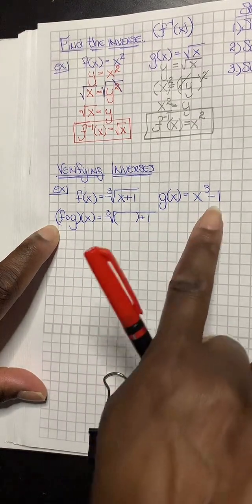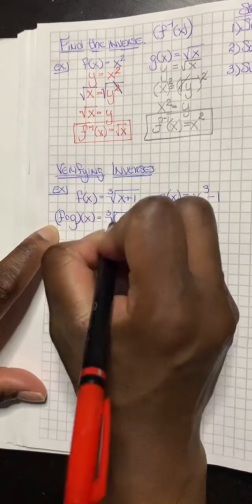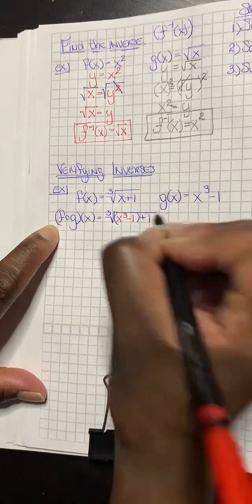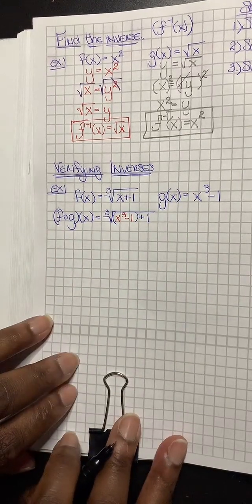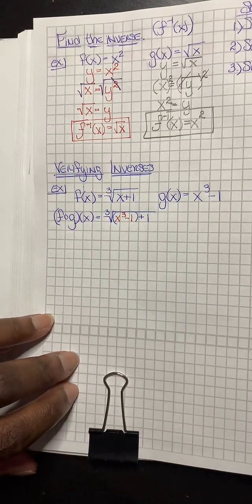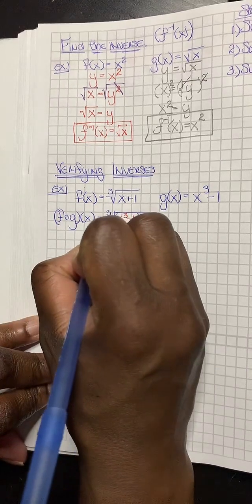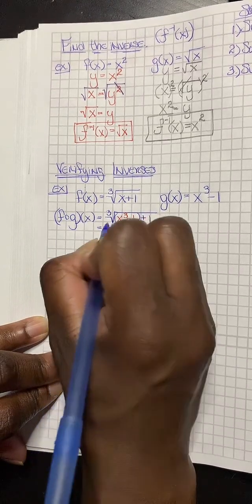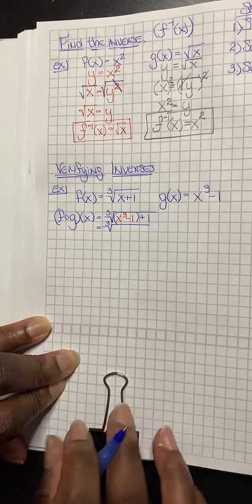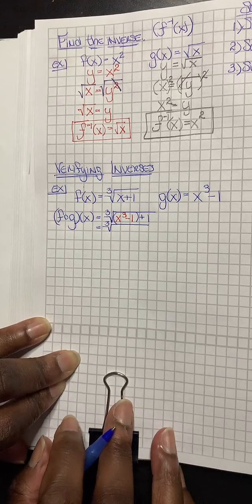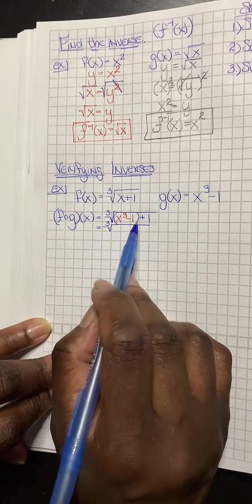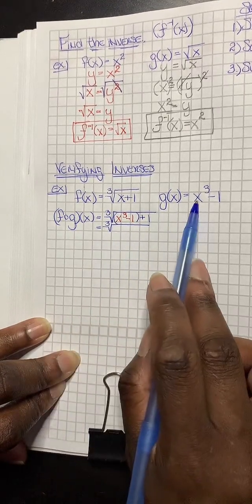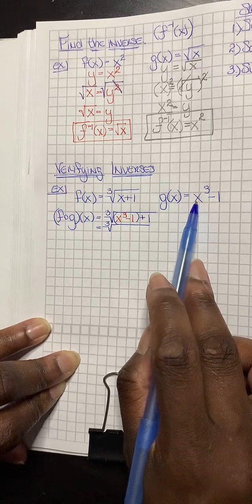And what's going in is your G function, which is x cubed minus 1. There's a lot going on underneath this cube root. Don't be intimidated. I put parentheses around it, as I always do anytime I substitute, so you can see what I substitute in for the x.